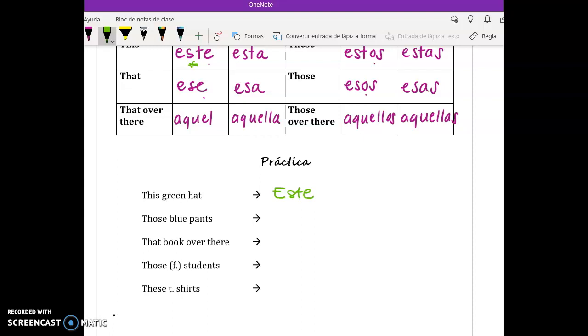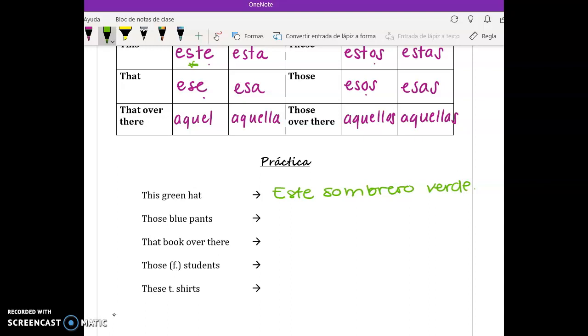And then, am I going to say verde next? No, I'm not, because we know that adjectives come after nouns, and verde is an adjective. So we're going to say este sombrero verde.